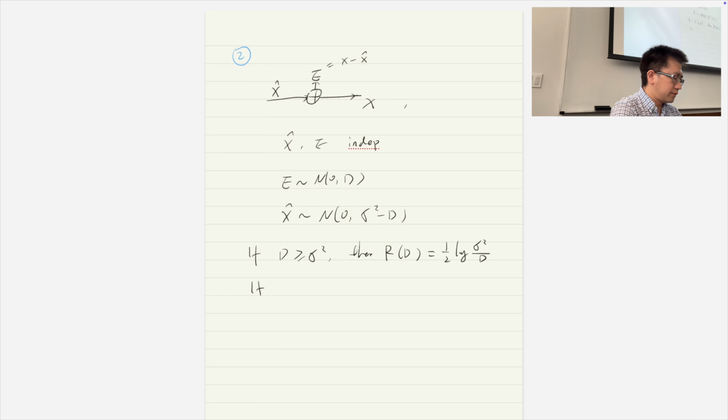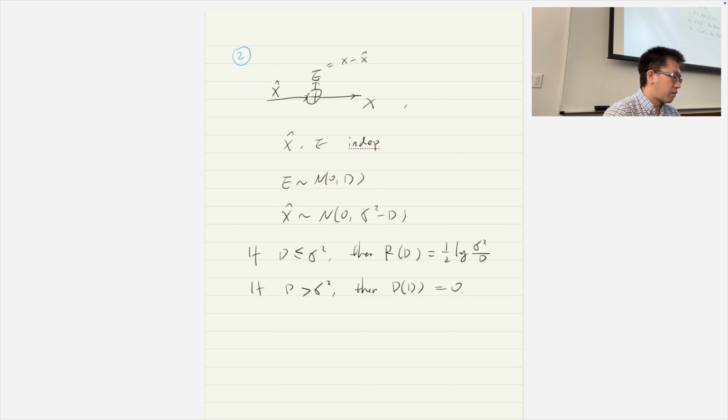And when d is bigger than sigma square, this does not make sense anymore, right? Because that would be less than 0. Okay, therefore, it means that this will be equal to 0.